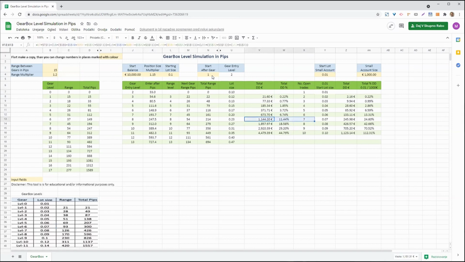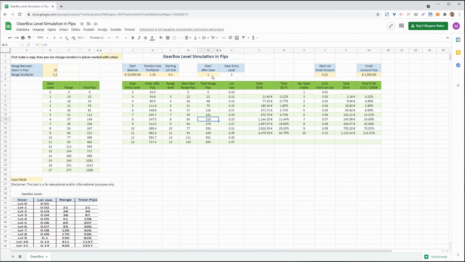So in this case, you see before was about 38% at level 7. Now it's just 11% because we make the range between the gears smaller. But of course, in this case, you make just about 214 pips range at level 7.